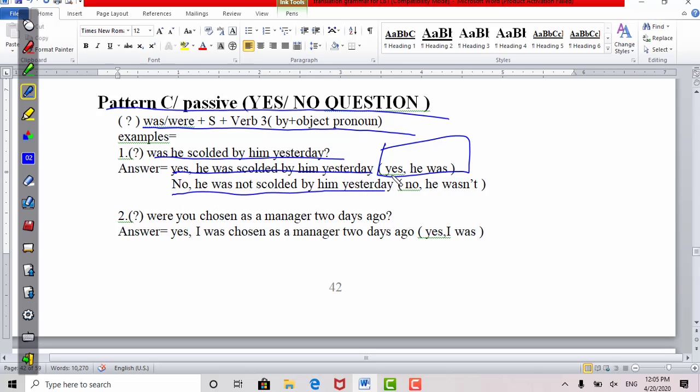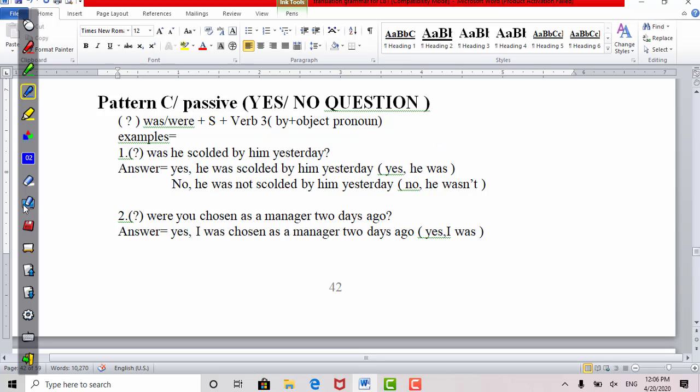Or the short answer, no, he wasn't. Because when your question starts with was or were, the answer can be yes or no. If yes, I was or no, I wasn't; if were, yes they were or no they were not. So if the question starts with was or were, it can be answered yes or no.